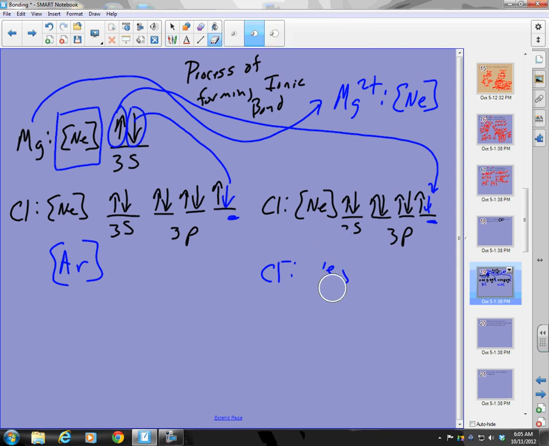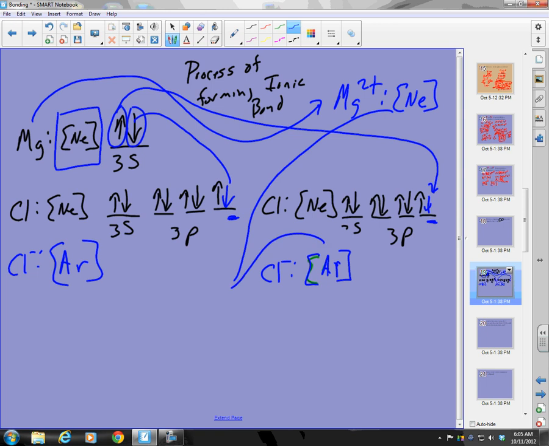It's neon plus 8 electrons, which makes it an argon core. And here's my chloride with an argon core. And what have we noticed? Both of these, my magnesium and my chlorines, all end up with noble gas electron configurations. Good.